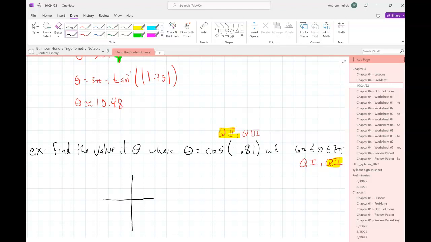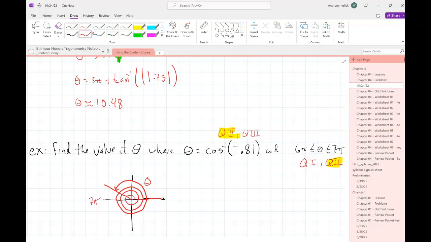Okay, so I'll sketch myself a little picture here. Initial side, terminal side. Now draw my angle theta. So 1 pi, 2 pi, 3 pi, 4 pi, 5 pi, 6 pi, 7 pi. Well, not quite 7 pi, right? That would be what comes next, though.